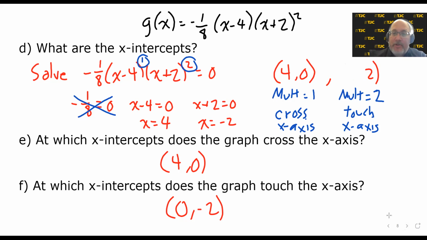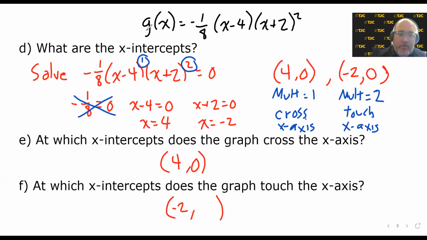It's not (0, -2), because after all, doesn't it say right here x equals -2? So the first coordinate should have been -2. Making the output 0, that's what makes you an x-intercept. And the same thing down here, it should have been (-2, 0).